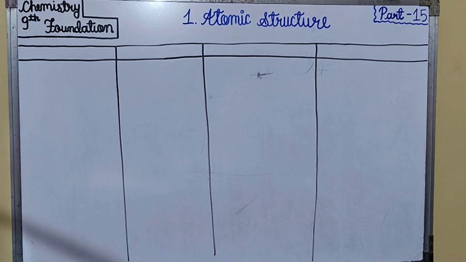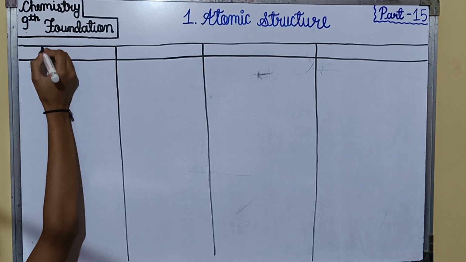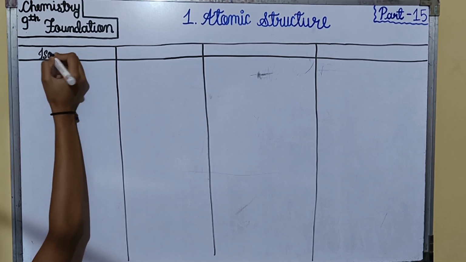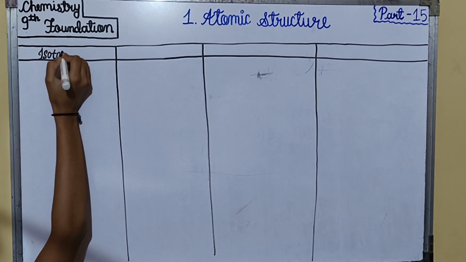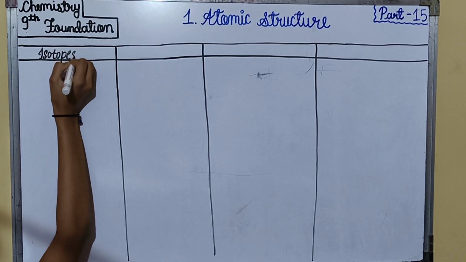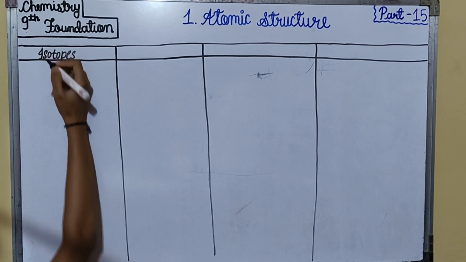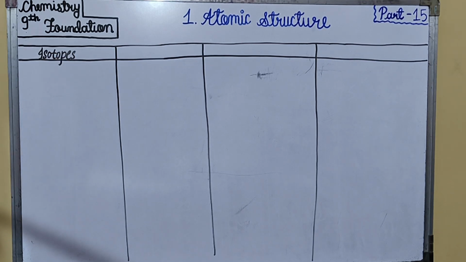Isotopes. So what are isotopes? We know that atoms of a given element are similar, but later studies have proved that for a few elements this similarity is confined to only the number of protons and electrons.